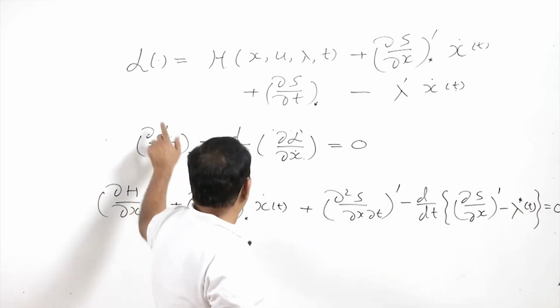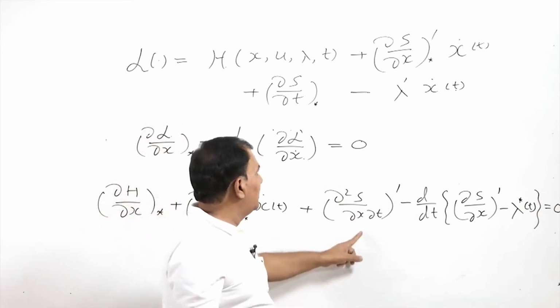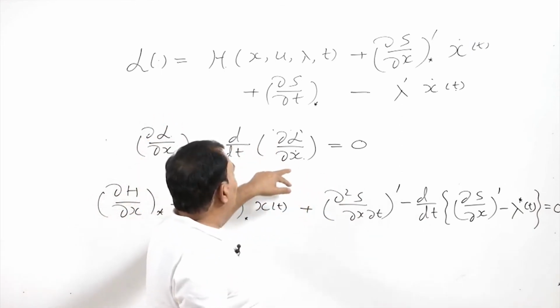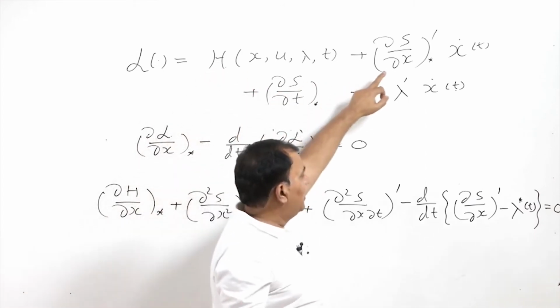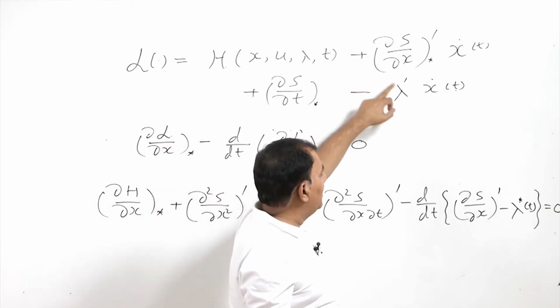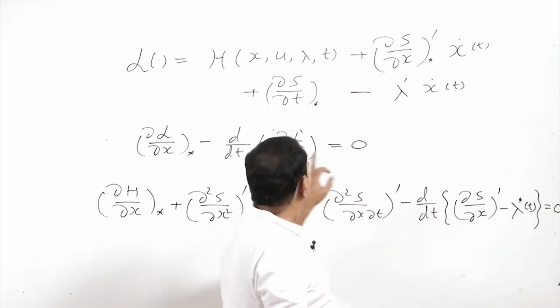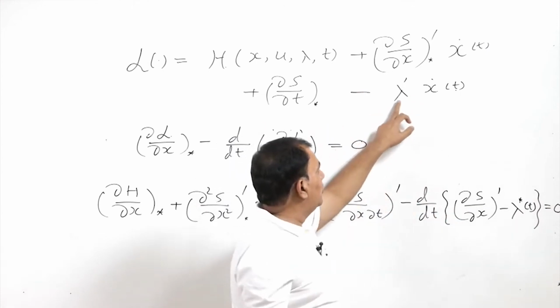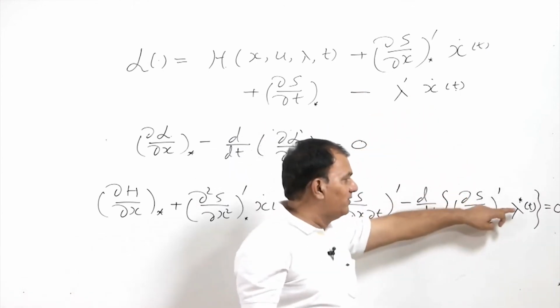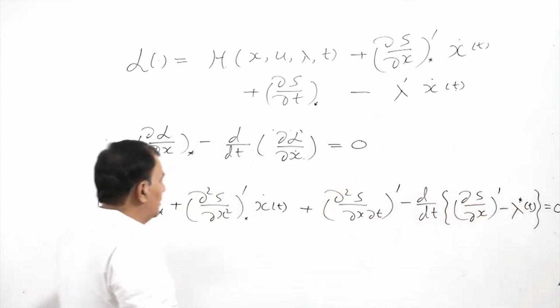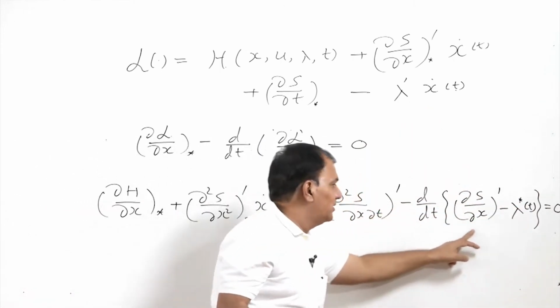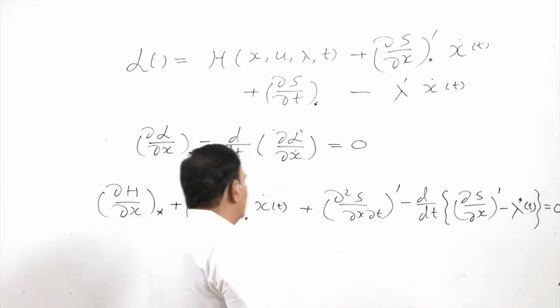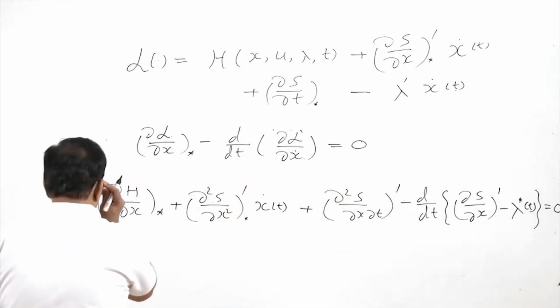So, my first term will give me the first 3 terms. Then d by dt of del L by del x dot: H is not a function of x dot, I have a function of x dot as del s by del x prime, and another function of x dot is lambda prime x. So, minus lambda prime equal to 0. So, this equation, if I further expand this part, d by dt of this, what actually will we get?